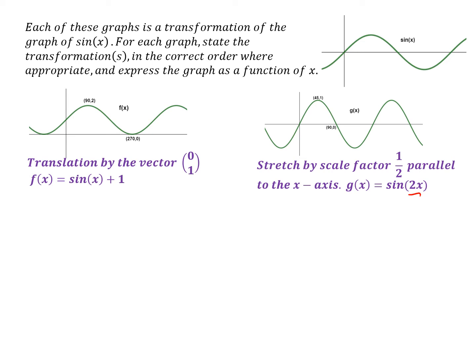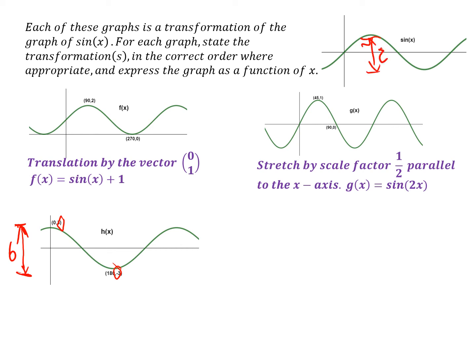What about the next graph now? So slightly less obvious perhaps. What I'm looking at to start with is the y values, 3 and -3 here. So the gap between the top and the bottom is now 6, whereas normally on the graph of sine the gap is 2. So we seem to have multiplied the y values by 3.